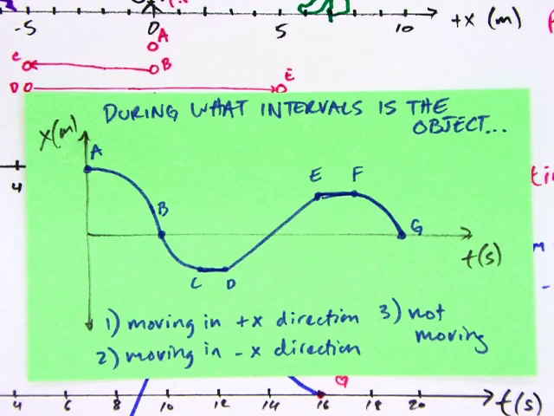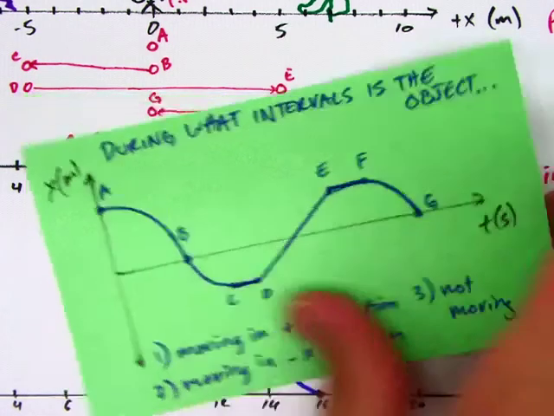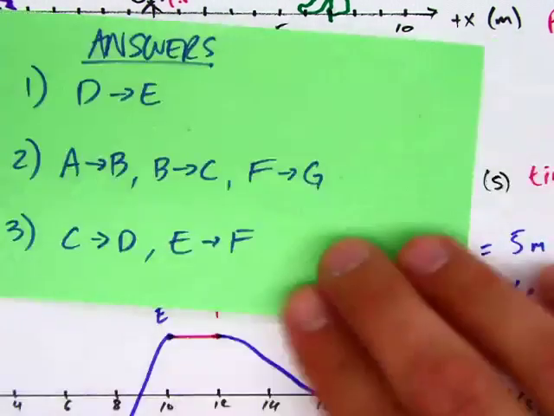Okay, so I want you to identify during which intervals the object is moving in the positive x direction, during what intervals it is moving in the negative x direction, and during what intervals it is not moving at all. So pause the video right now, write down your answers to 1, 2, and 3. Now I'm going to flip it and give you the solutions.